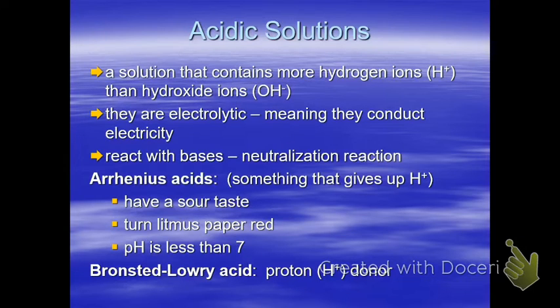So Bronsted and Lowry decided we're going to make this definition of acid more specific. We're going to call any compound that donates its hydrogen ion, its proton, an acid. Now that definition is really not that different than Arrhenius's definition. Bases, however, are going to be quite different.